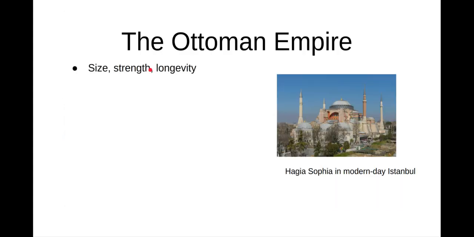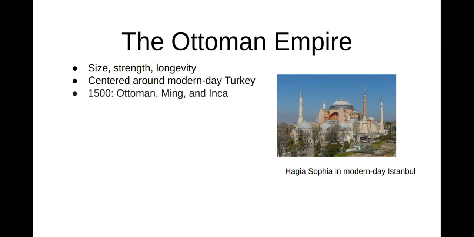Talking about the Ottoman Empire, we can't help but be amazed by its size and its strength and its longevity. It lasts for the better part of 600 years. It really ends essentially at the end of World War I. And so when we start this course, we often talk about the Ottoman Empire and say it's the sick man of Europe and it's disintegrating. But often when it's taught, the larger history of the Ottoman Empire is not included with it.